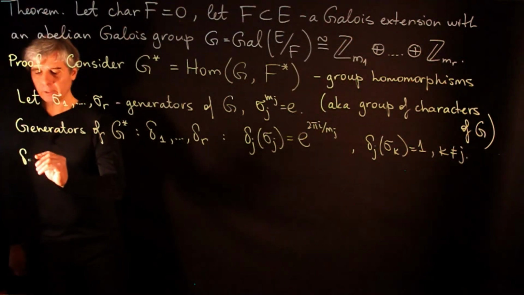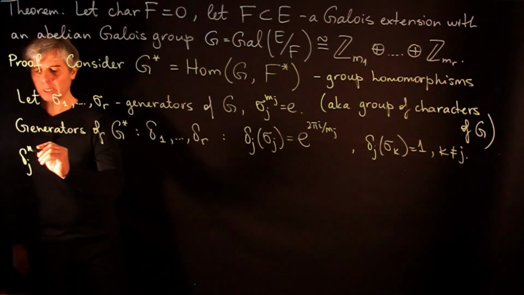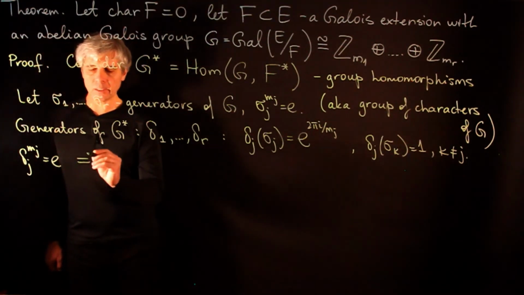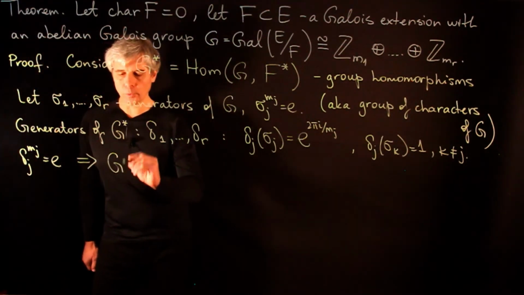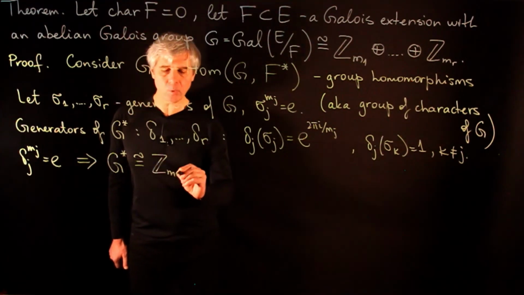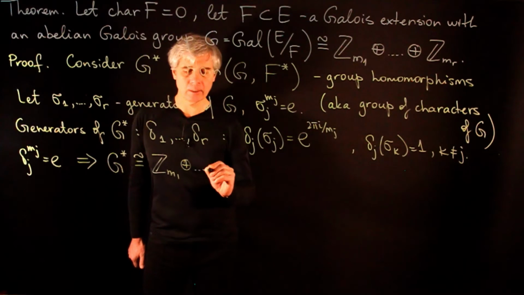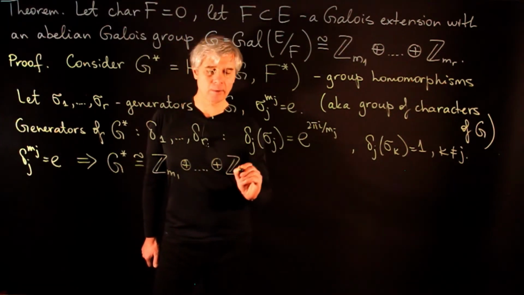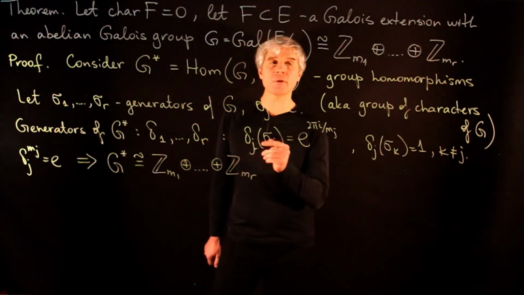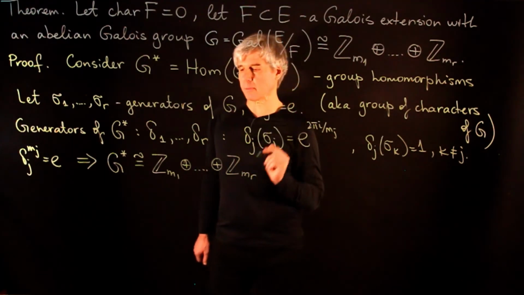So clearly, if we take delta j and raise it to the power mj, then we get identity. And it's easy to see that the dual group is also isomorphic to Z_m1 plus ... plus Z_mr, where the deltas become generators that are dual to sigmas.